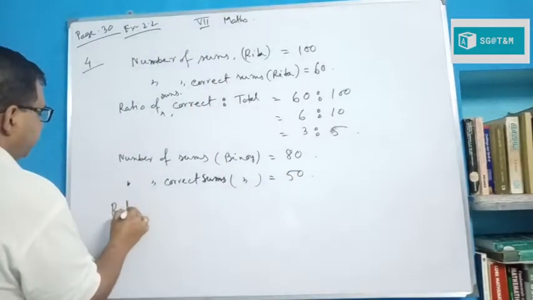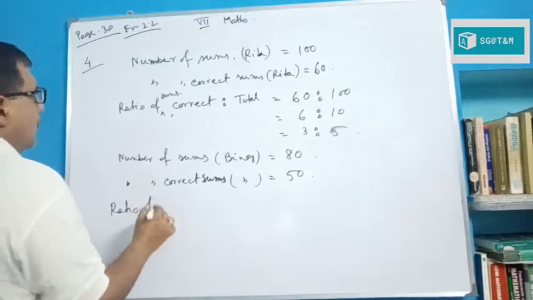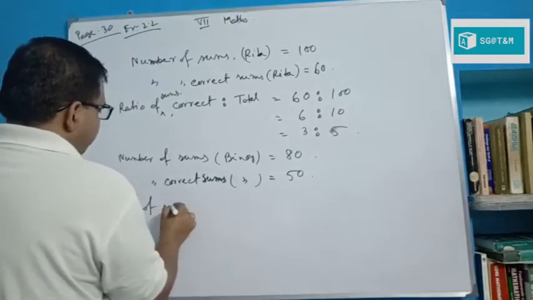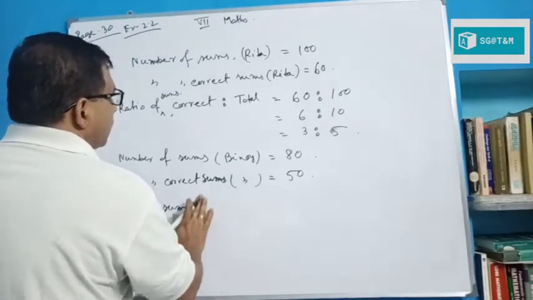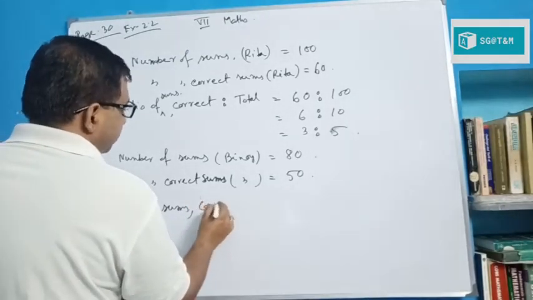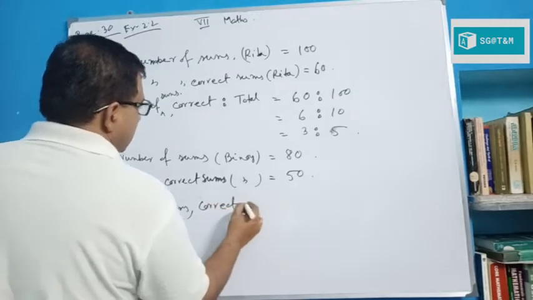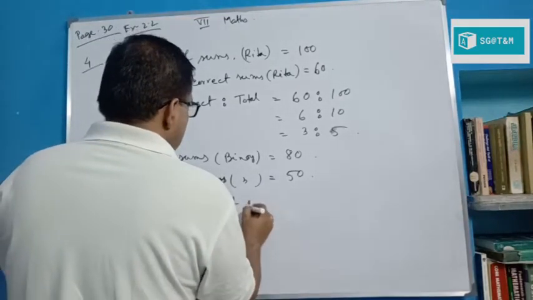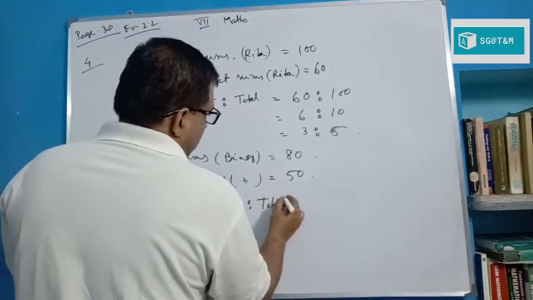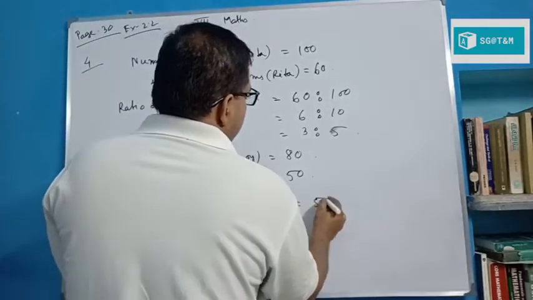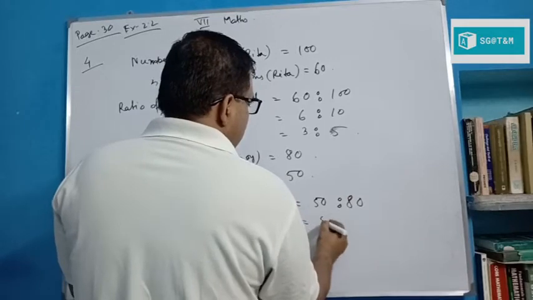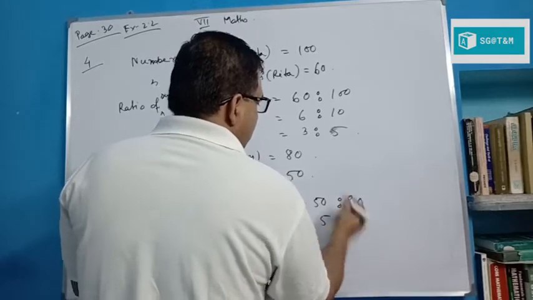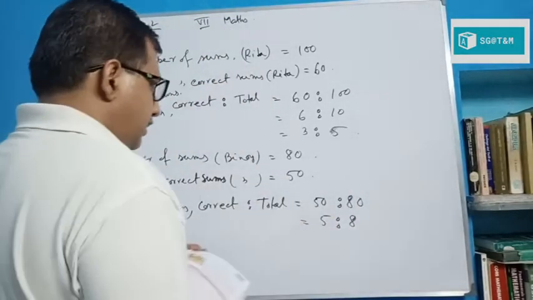Therefore, the ratio of sums correct is to total, 50 is to 80, dividing by 10 we get 5 is to 8.